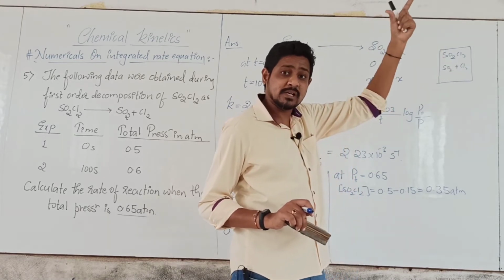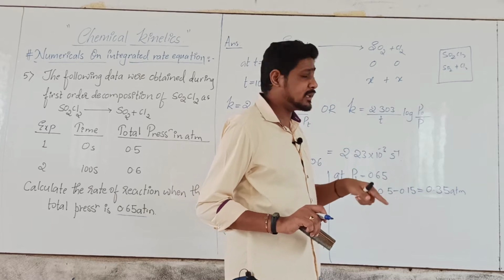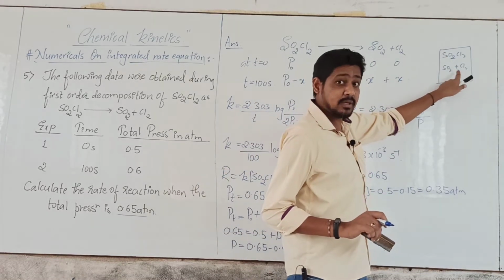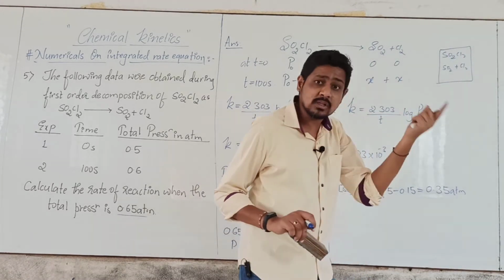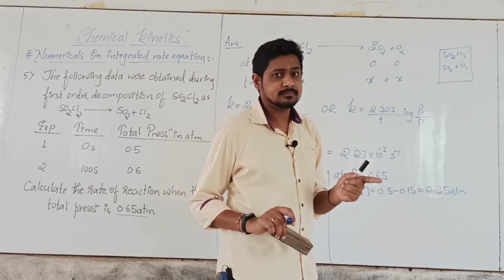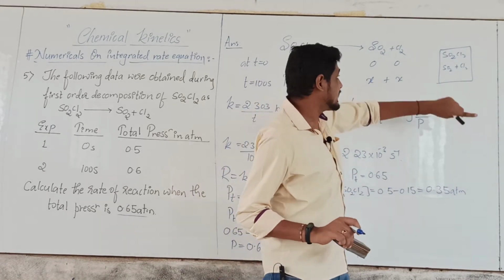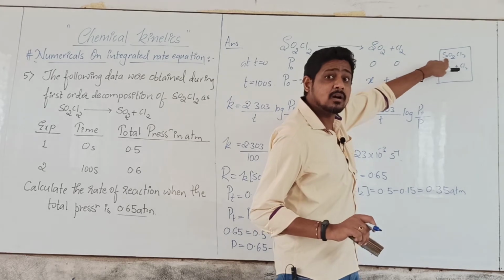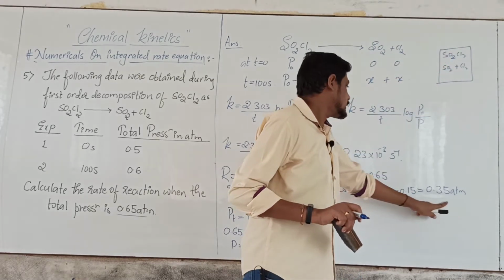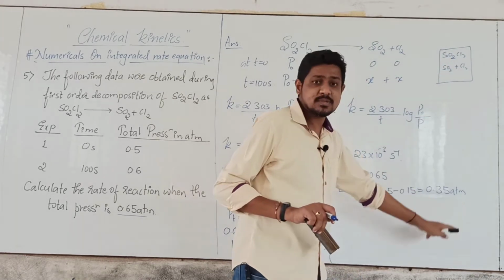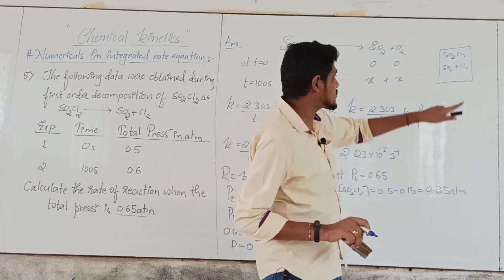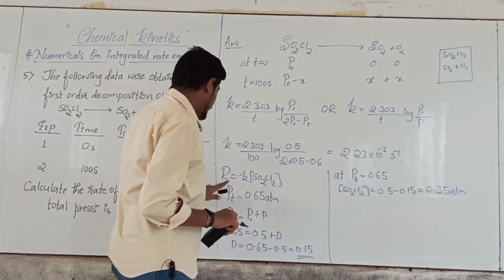Now when the total pressure is 0.65, this has decomposed, because only when it is decomposing is the pressure increasing. So that much of this has decomposed, and the concentration now is 0.35 atmospheric pressure. Whose concentration? Sulfuryl chloride. So we already know this equation.